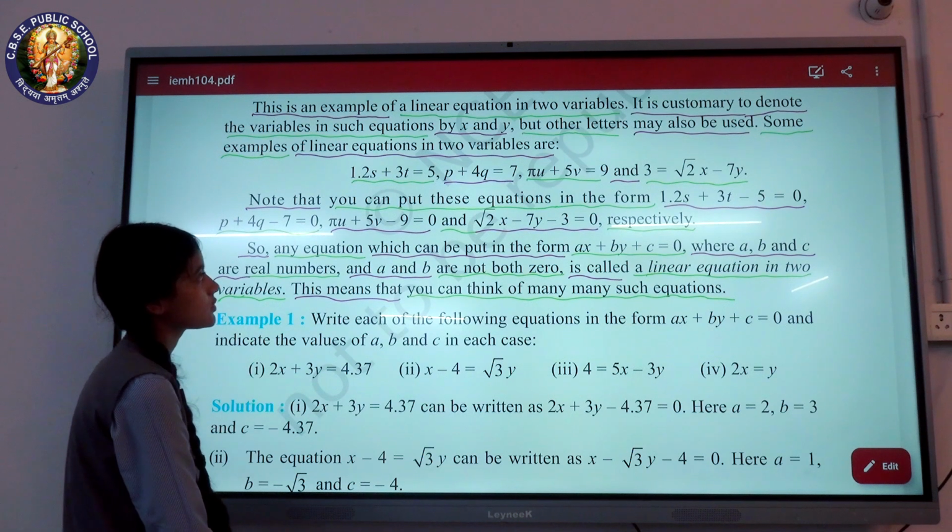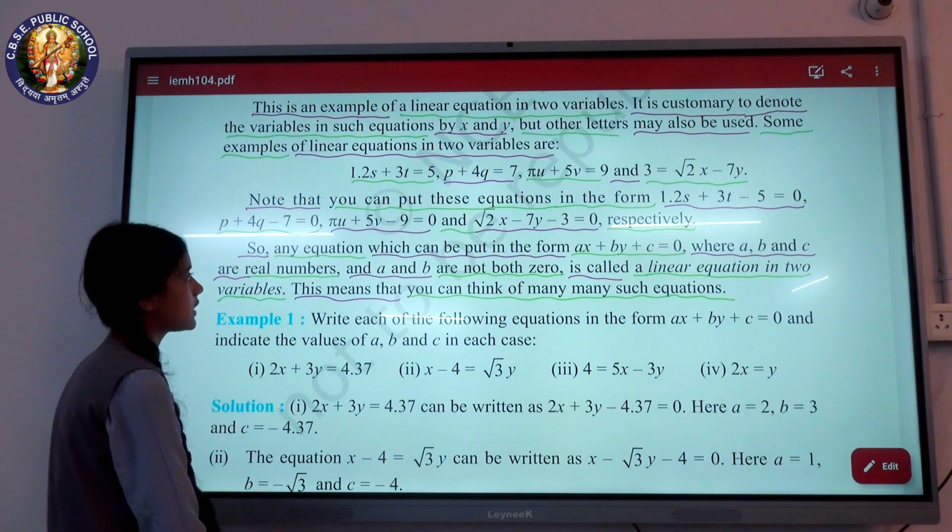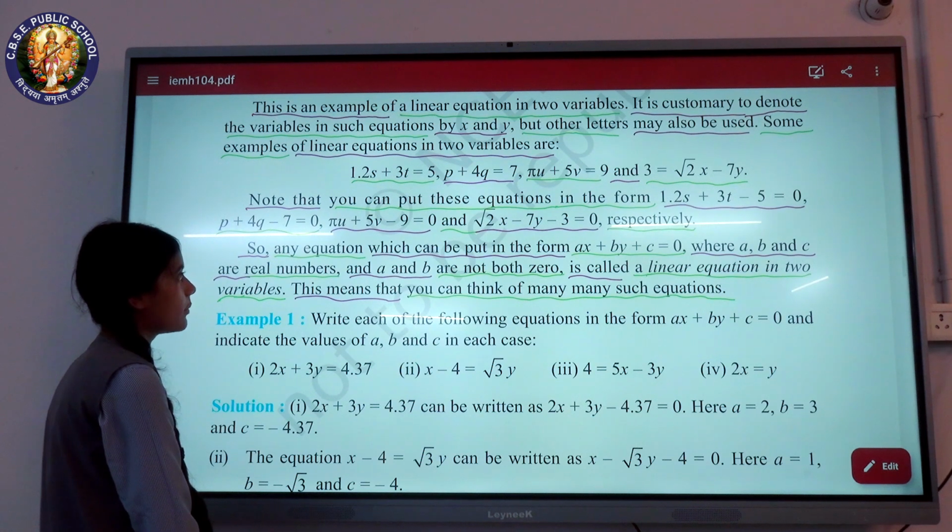It is customary to denote the variables in such equations by x and y, but other letters may also be used.